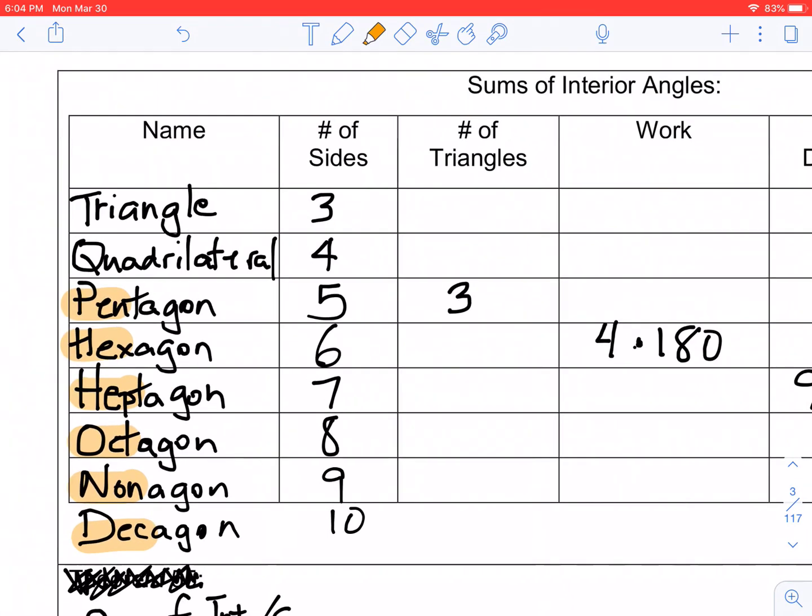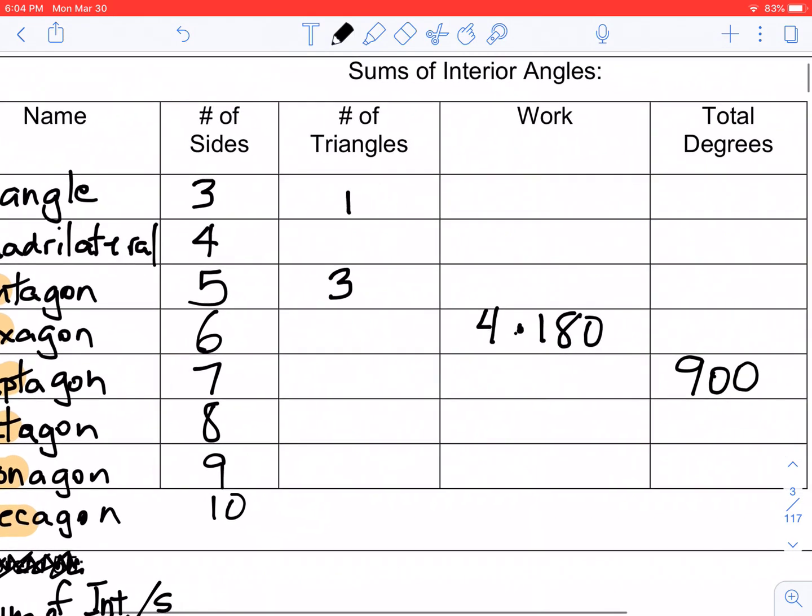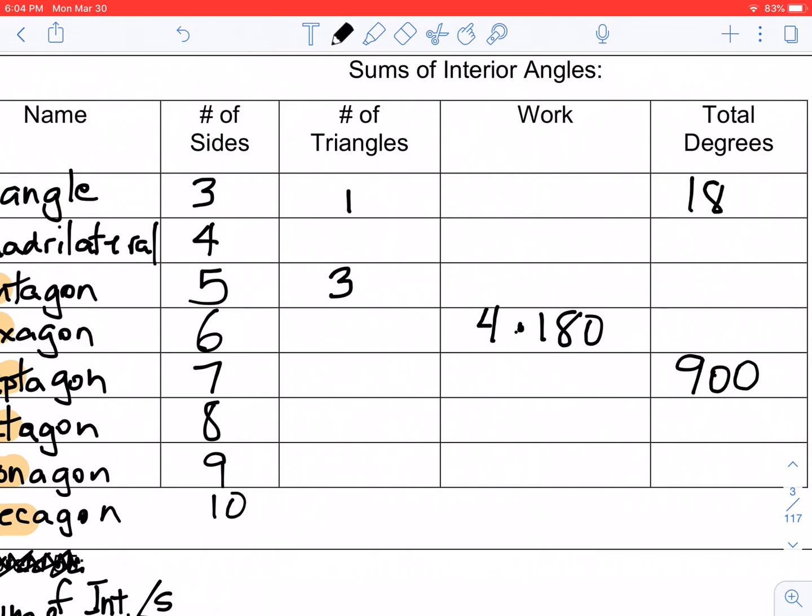All right, one of the things to figure out initially is how many triangles are there inside of that said polygon. Well, in a triangle, there is only one triangle. And we know from a previous theorem that is 180 degrees. You take the number of triangles times 180.